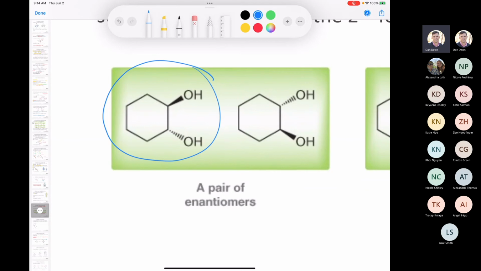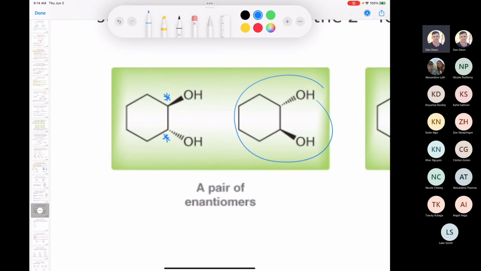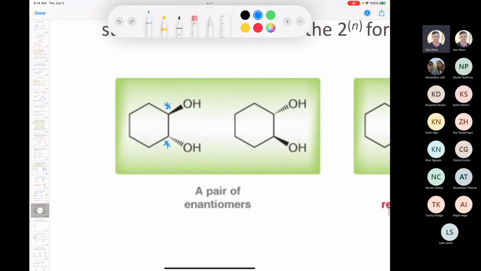Okay, so we have trans 1,2 hydroxy cyclohexane. Okay, we have a chiral center here and we have a chiral center here. There's no debating that. We reverse them and we end up with a pair of enantiomers. But if you have two chiral centers and you use that formula, you might say 2 to the power of 2 equals 4. Therefore, I'm going to have 4 stereoisomers.